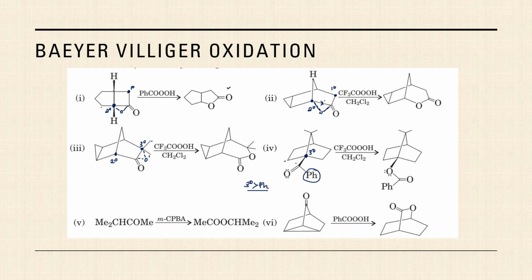So oxygen insertion will take place over here. Okay, this one is also pretty simple. ये दोनों तरफ एक ही जैसा है, तो किसी भी तरफ आप ऐड कर दो, you will get the same product. Okay, you'll get the same product.